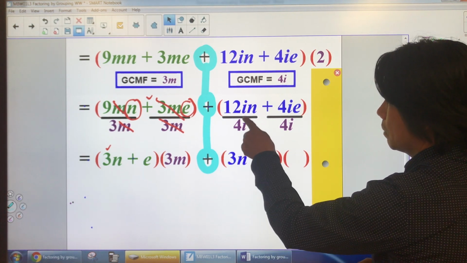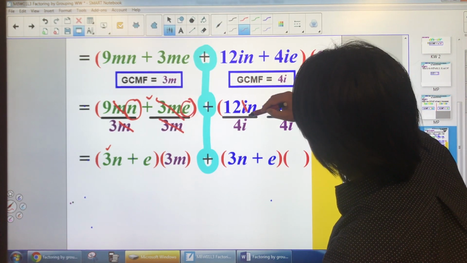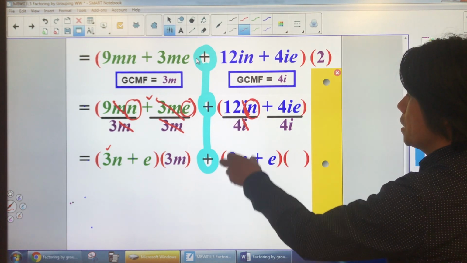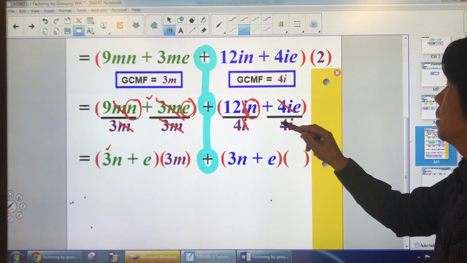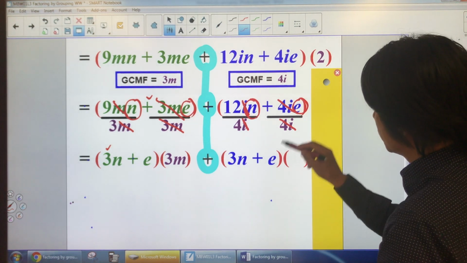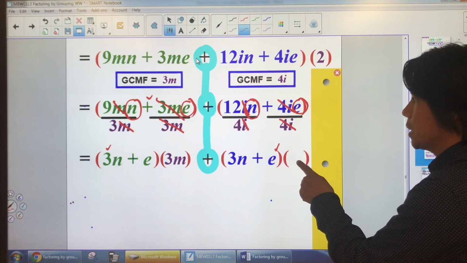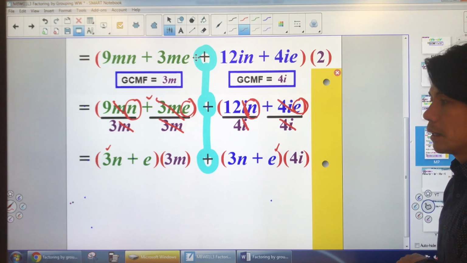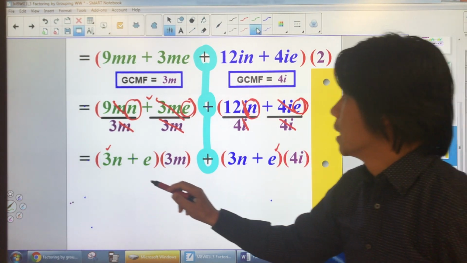And then I divided by i, they divide out. And n is left there, so we bring it down. So 3n, that's the quotient. How about this one? 4ie divided by 4i, they divide out. E is by itself, so e is left there. Now, what do we put inside this parentheses? The GCMF, 4i. Clear?